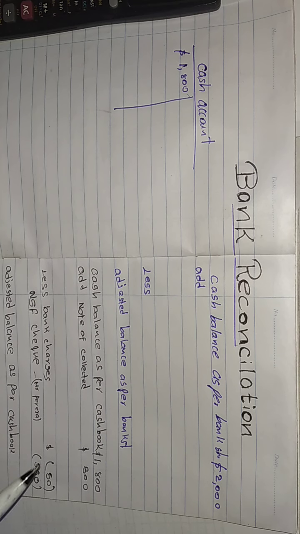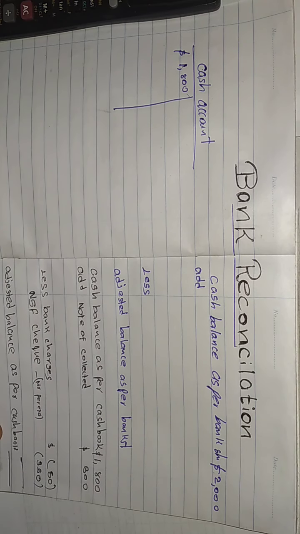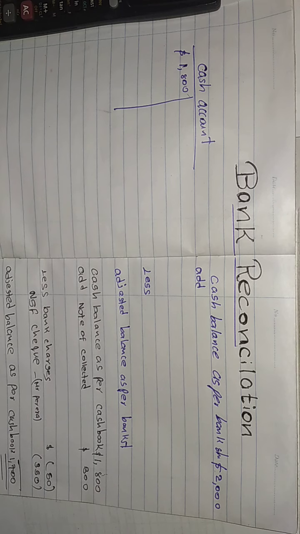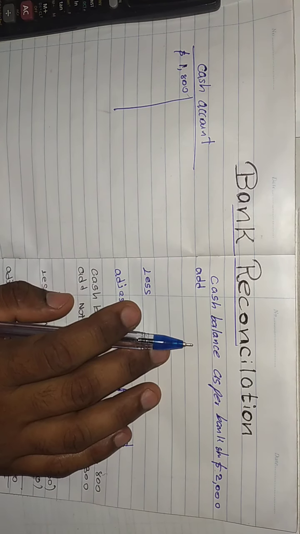If we add $300 to $1,800, and we subtract these two charges, that gives an adjusted balance of $1,700 in our books.